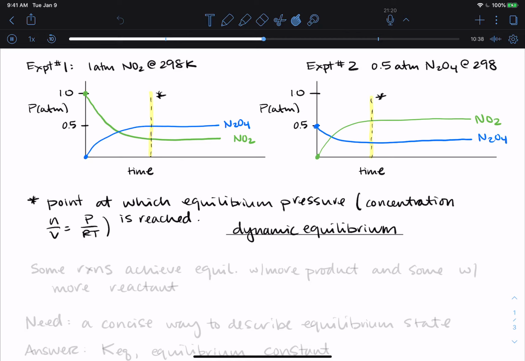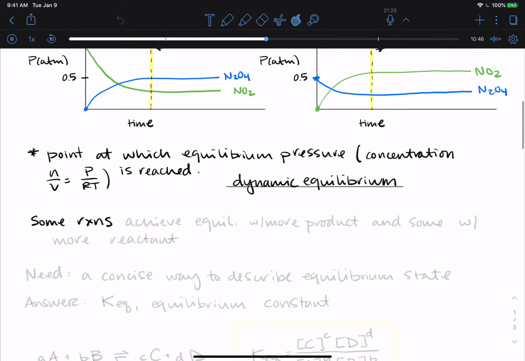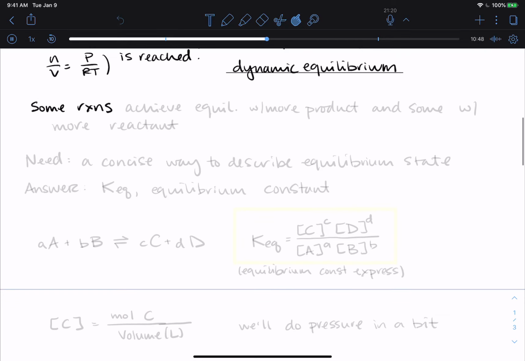All right. Now, some reactions, when they get to equilibrium, have more products, and some reactions, when they get to equilibrium, have more reactants. So even though the word equal is in there, it doesn't mean that the amount of products and the amount of reactants are balanced. It just means that the rates are balanced.